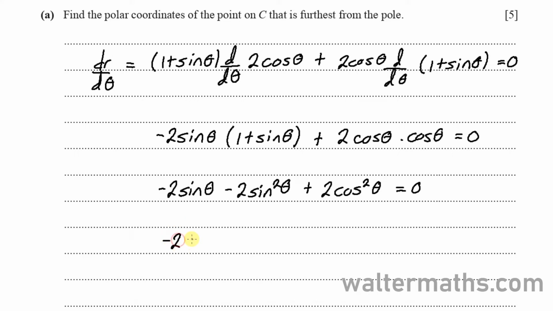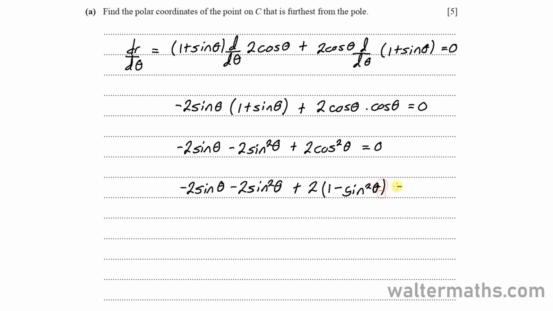So that's minus 2 sine theta minus 2 sine squared theta, and for cos squared theta, we use the identity that's 1 minus sine squared theta, and that's equal to 0. So we have minus 2 sine theta minus 2 sine squared theta plus 2 minus 2 sine squared theta equal to 0.